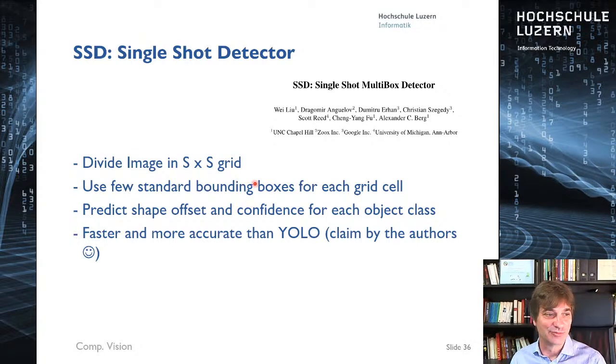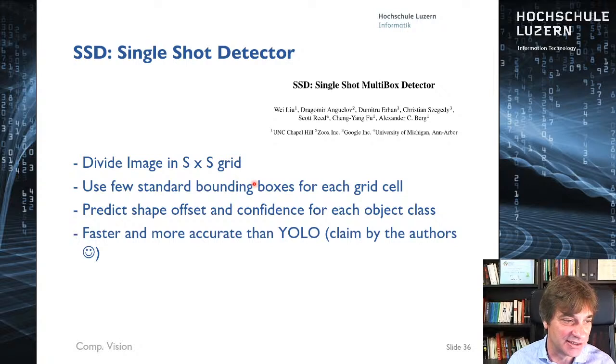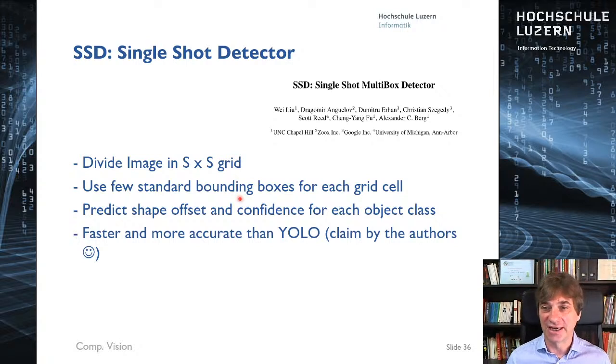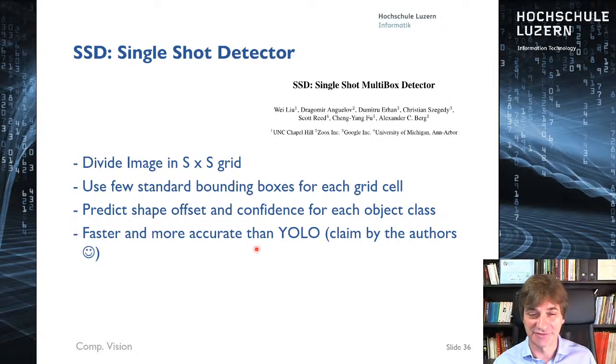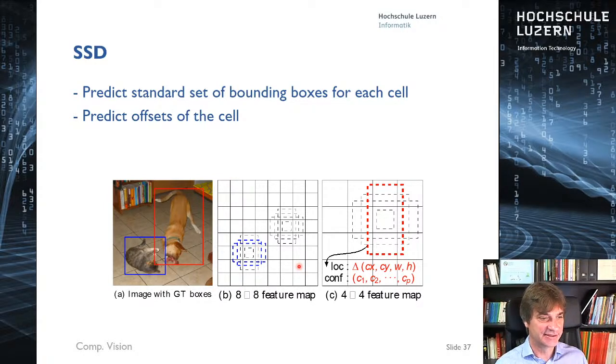So it's like a predefined bounding box, and they use that as a starting point and then predict the offset and the confidence for each bounding box and object there. They claim themselves that they are faster and a bit more accurate than YOLO, or this version of YOLO. So you similarly have a grid here.